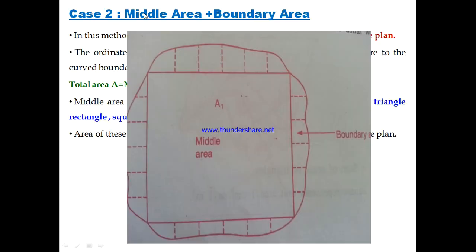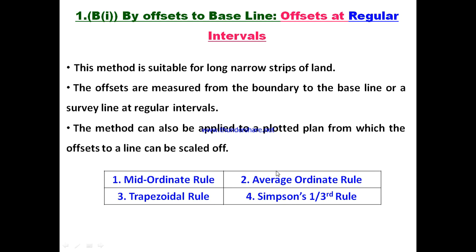Suppose I consider this particular boundary area, then we can see these offsets which are drawn are at regular interval. So if they are at regular interval, we will apply either of these 4 rules.